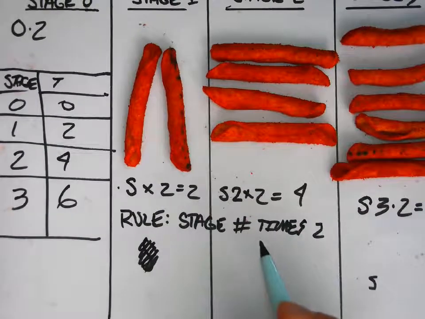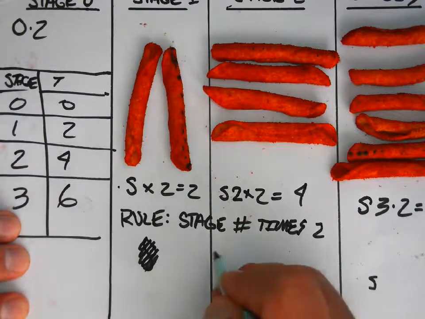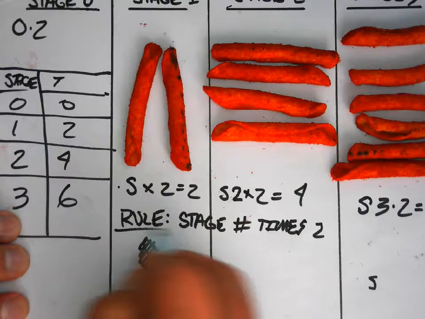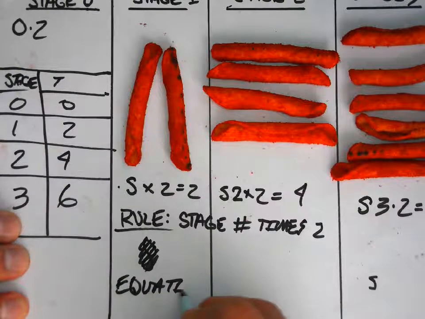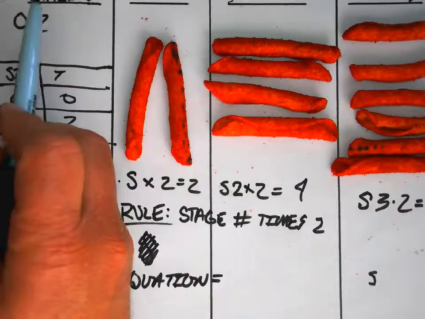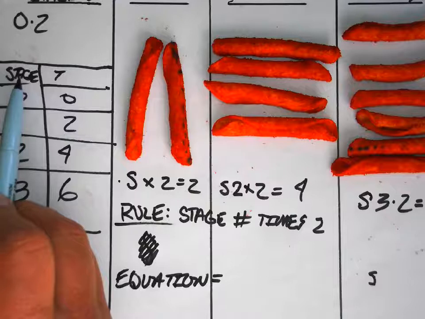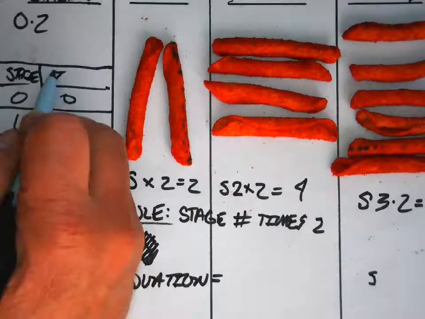So we need to come up with the equation. Here's your rule, here's our equation. Go back to our chart, we've got S for stage and T for Takis.